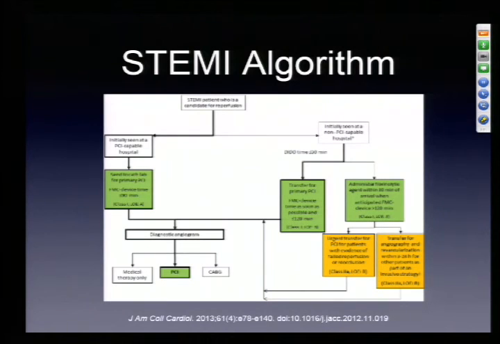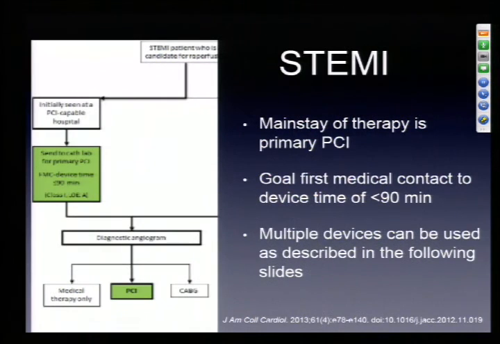And then we take them emergently to the cath lab for primary PCI with a goal of first medical contact, meaning when they are first seen by either EMS or first seen in our ER, to device time of less than 90 minutes. And so, the goal there is usually primary PCI as opposed to emergent CABG or medical therapy. I'll talk briefly about the other side of the algorithm a little bit later.